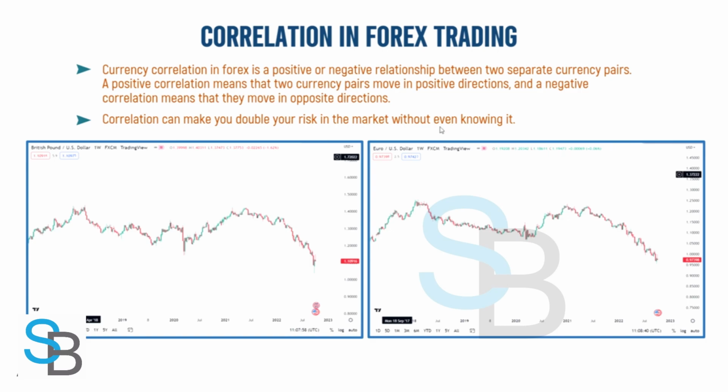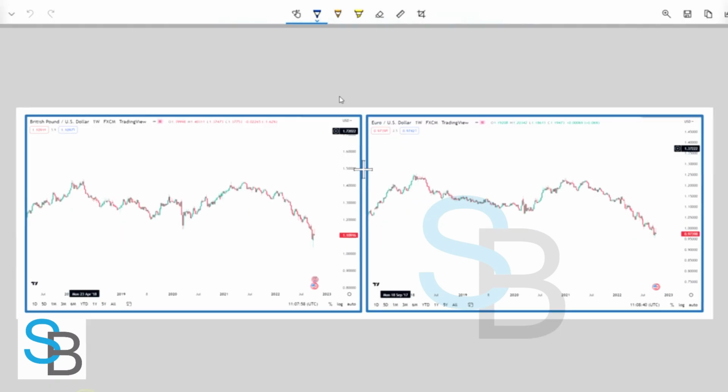So these are two currency pairs. We have GBP USD 1 week and Euro USD 1 week, and we can see a similar kind of movement between the two. Let's do a little drawing on them to explain better. Here is a clear uptrend, here also a clear uptrend.